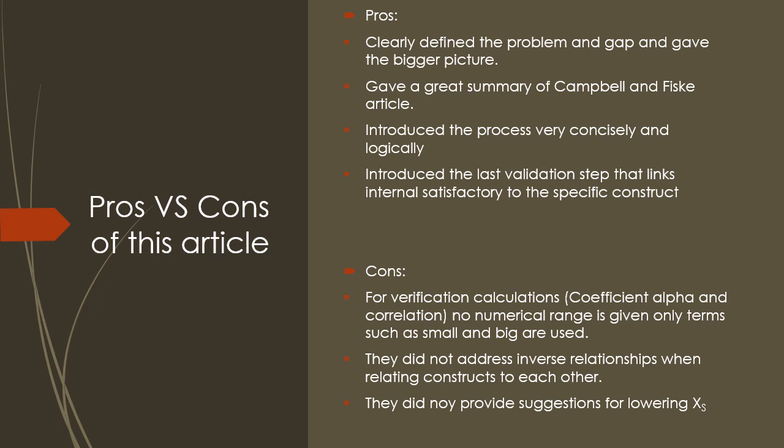Now for the negatives of this article, I will start with the very obvious one, the numerical values, like coefficient alpha or the correlation coefficient. These are a lot of numerical values, yet there was no numerical range that is given to researchers to understand what the terms big and small mean when it comes to values. The second thing is the factor analysis that is done in the purification of the measures.